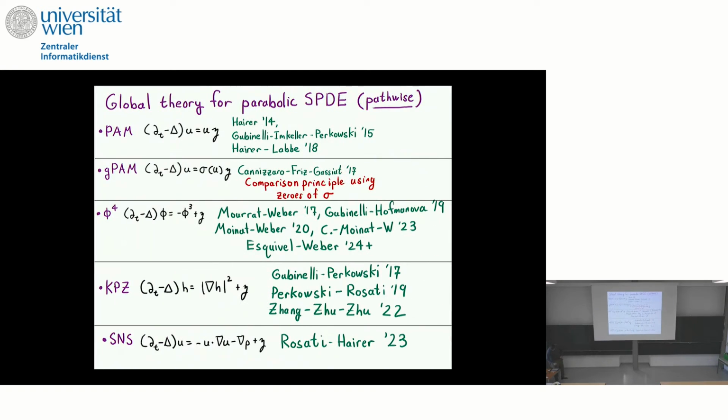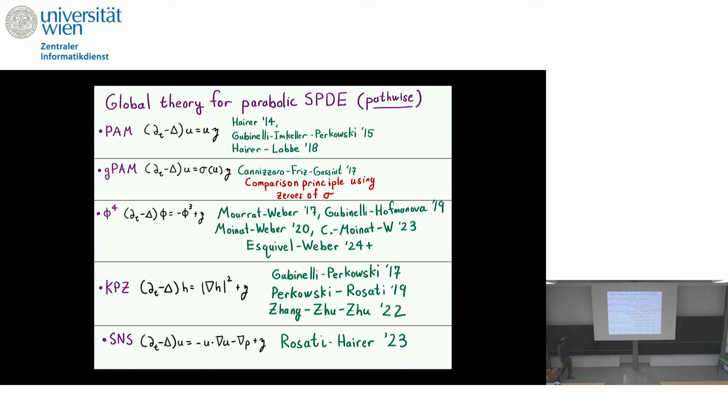Okay, and so here I just have a slide of previous results on getting large-scale behavior of parabolic SPDE. So I'm sticking to the parabolic side of the world. But all of these results are somehow in a pathwise sense.